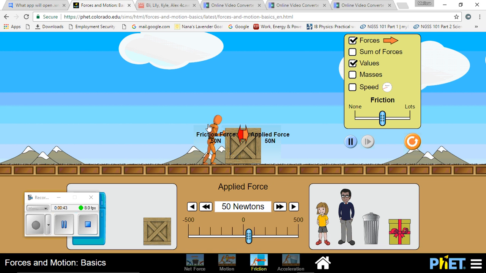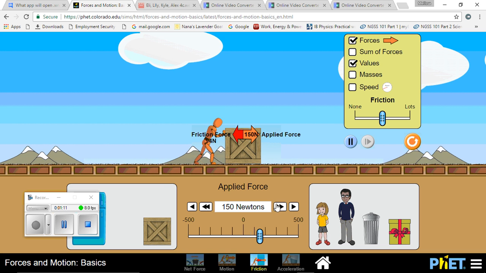Right now we're calling that friction force static friction because that crate is not in motion. If I add another 50 Newton increment of force, I still am experiencing static friction because the crate's still not moving and frictional force is still equal but opposite of the applied force. And if I add another 50 newtons worth of force, you'll see that the crate begins to move.